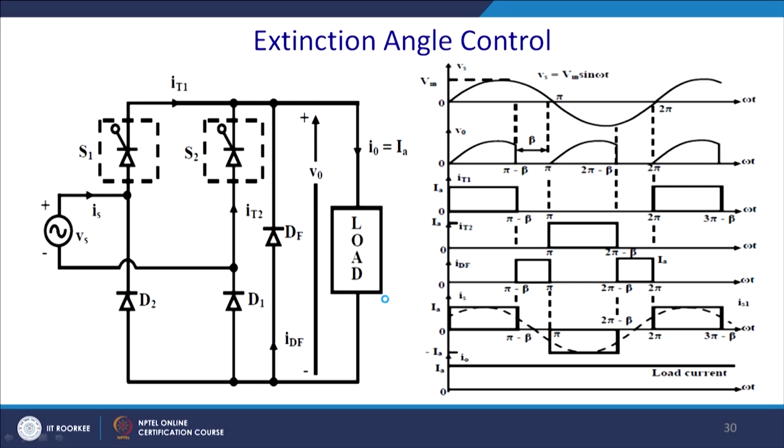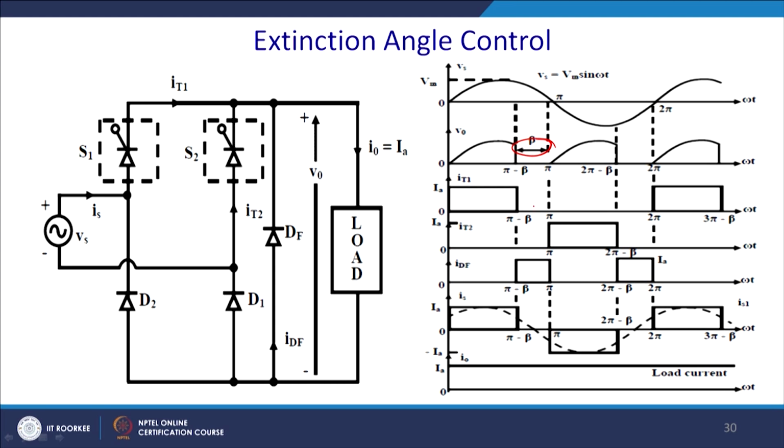Now see the extinction angle control. What happens in this case? If it is required to be line commutated, you require a GTO, otherwise you can have a current that is leading. You have a sinusoidal voltage and you have chopped it before 180 degrees.